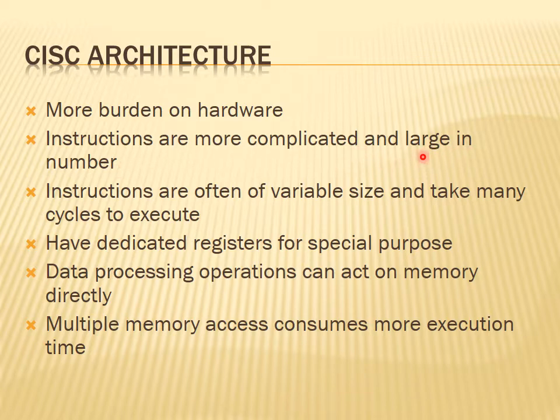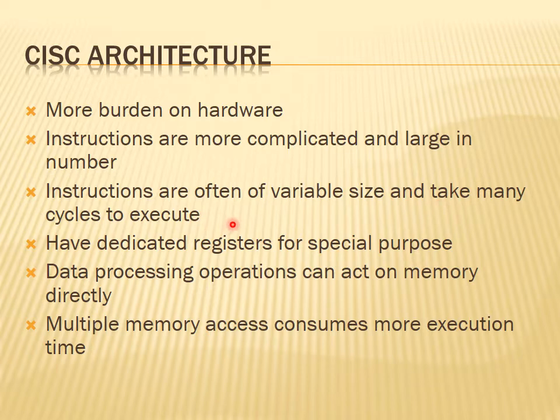In case of 8085 and 8051, you have studied that there are around 70 plus assembly instructions, so the number of assembly instructions is large. Third, instructions are often of variable size and take many cycles to execute.